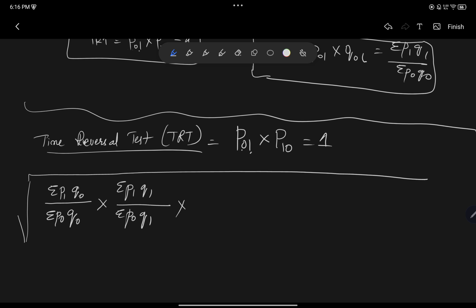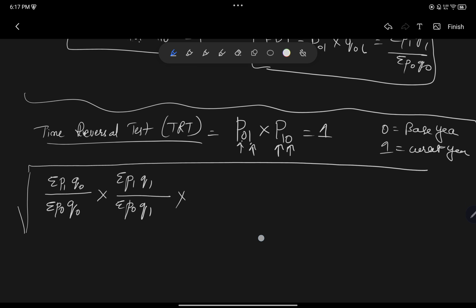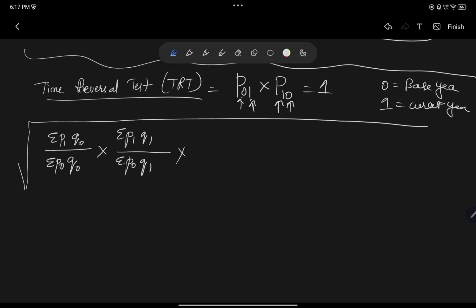The place where 0 was there, we are replacing it as 1. The place where 1 was there, we are replacing it as 0. So we just need to change the time. 0 means base year, 1 means current year. So if we get the answer as 1 after multiplying all this, then that is the meaning of the Fisher ideal index we have calculated.